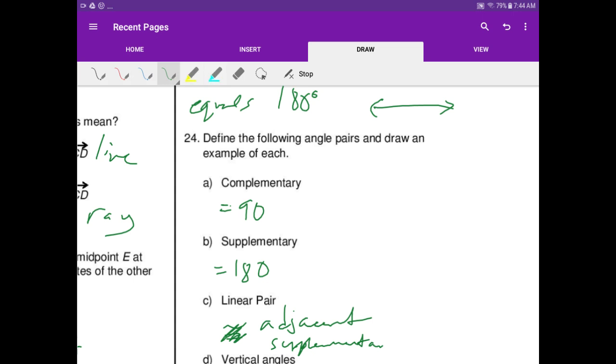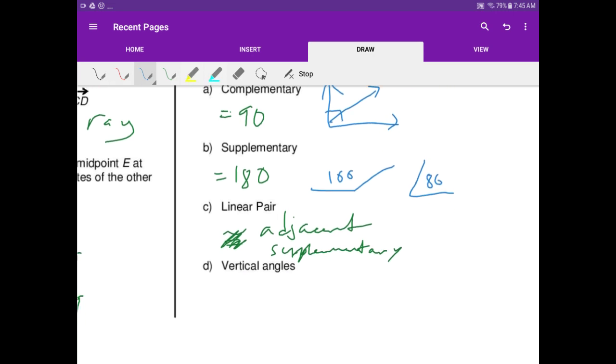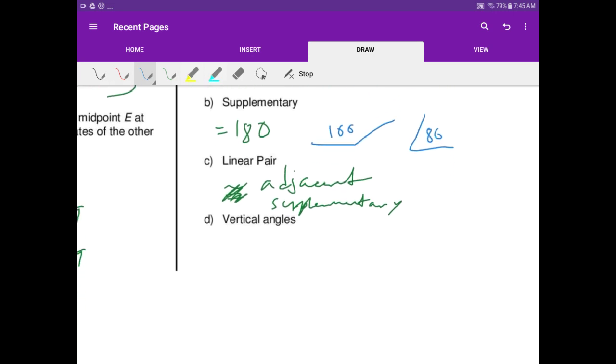Wow. Okay, well, that does say supplementary. Sorry for the sloppiness. Complementary, so you have an angle here, and it's split, so these two angles add up to 90. Supplementary, if you have like a 100-degree angle and an 80-degree angle, those add up to 180. Those are zeros, by the way.